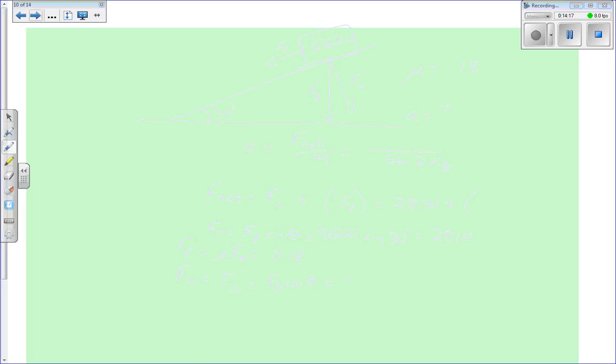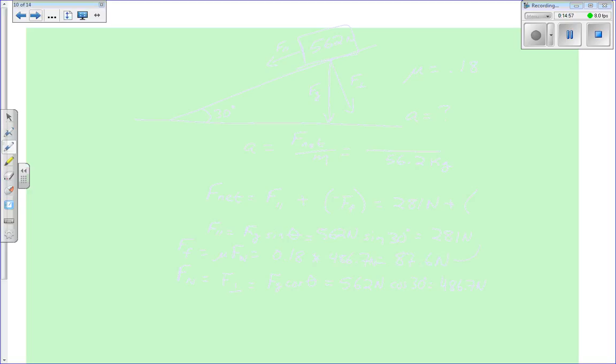So 562 newtons times cosine of 30 is 486.7 newtons. So that goes up into here. Times 0.18 gives us a friction force of 87.6.